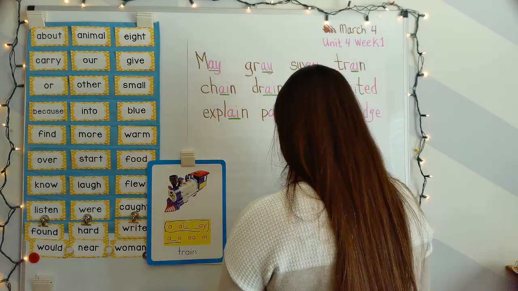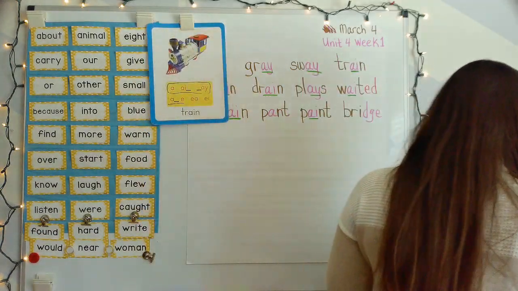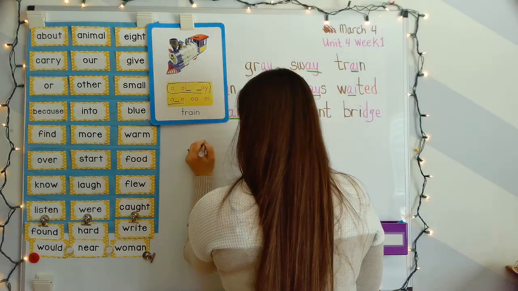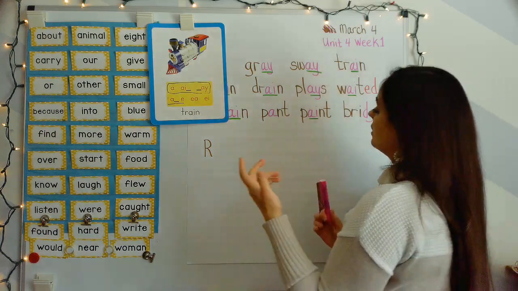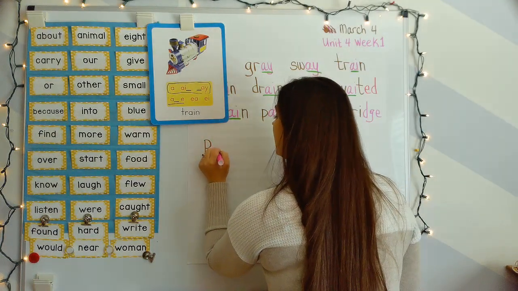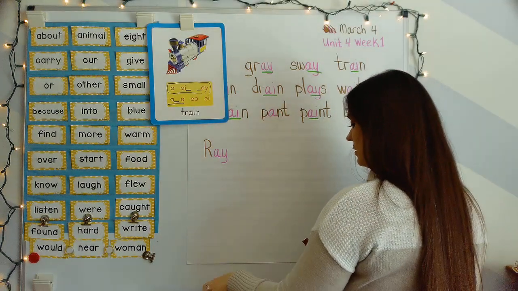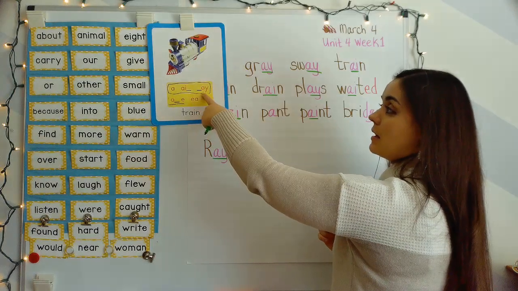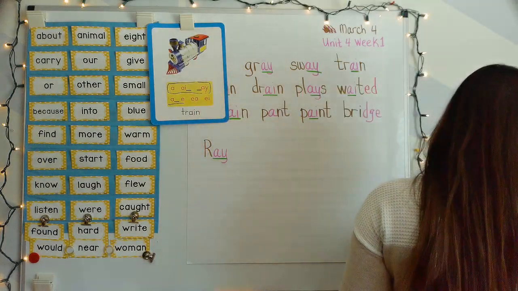Lovely. All right, let's do a sentence. R says r. Of course, it's a capital R because it's the beginning of a sentence. And A-Y is a vowel team that says that long A sound. Ray.